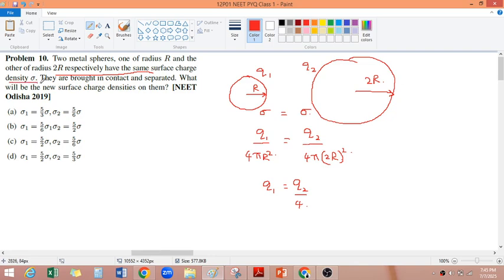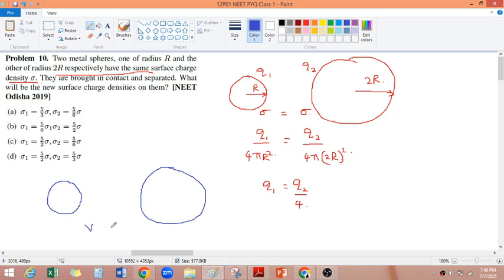They are brought in contact and separated. So now the second case is you are touching the spheres and then they are separated out. When you touch it and then separate it, the voltages will be equal.